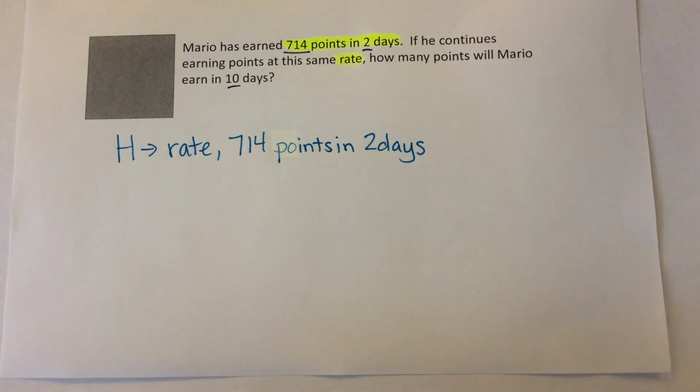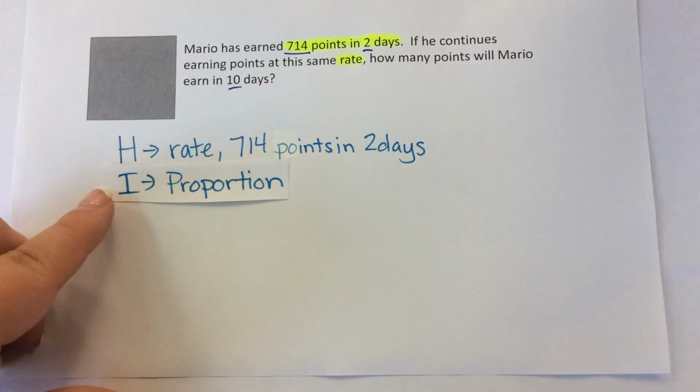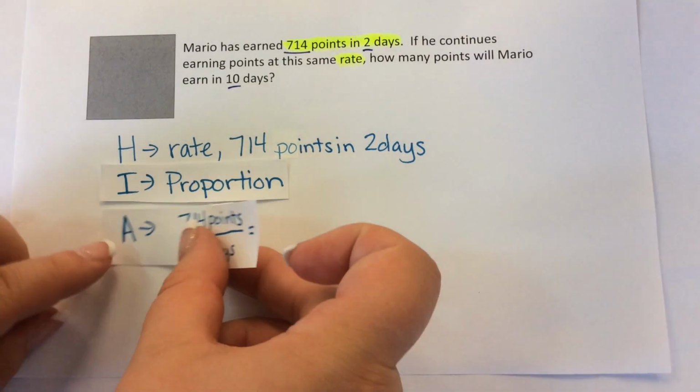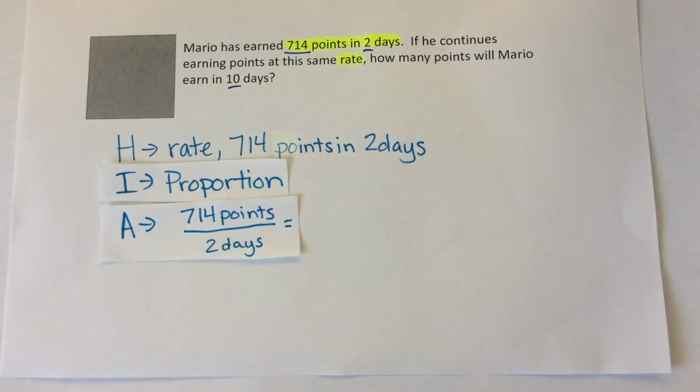Due to my clues, I can identify my process as a proportion. If I'm writing a proportion, you see how 714 points in 2 days are together in the same sentence connected by the word in, which is our key word. We're going to set up a fraction comparing those two things. So our algorithm starts with a fraction, 714 points as the numerator, 2 days as the denominator.